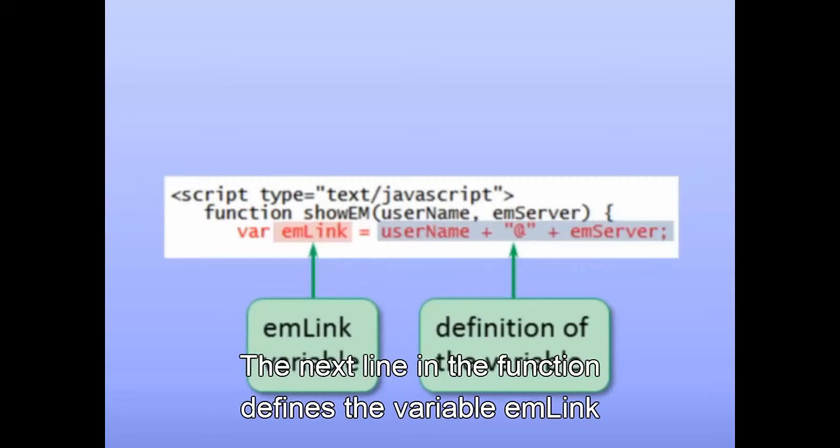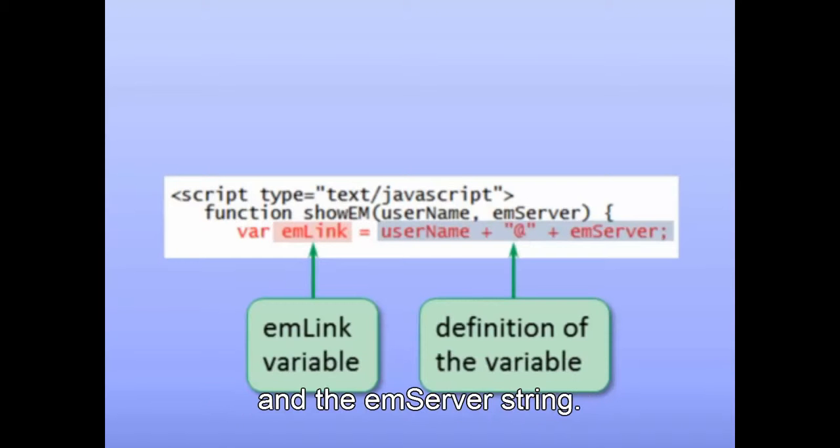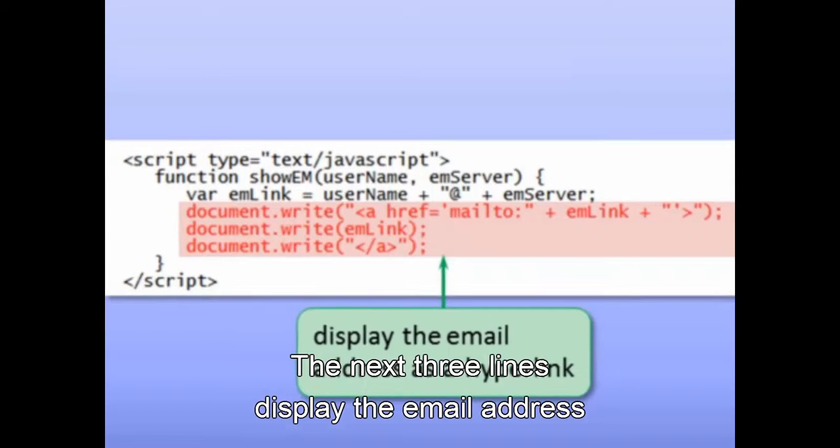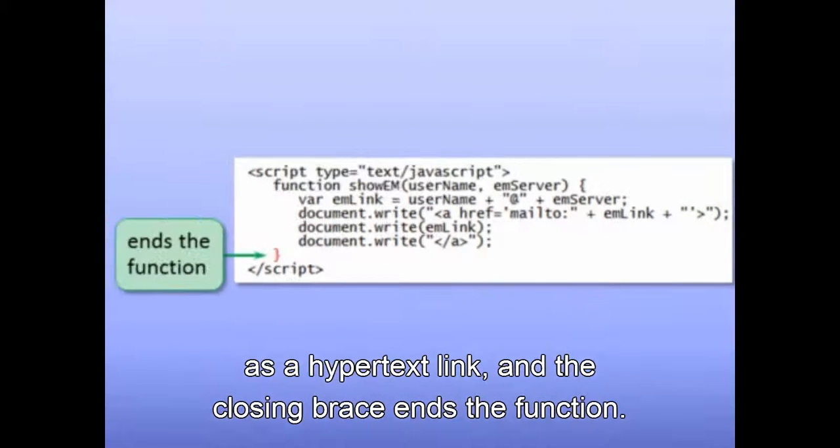The next line in the function defines the variable EMlink as a combination of the username string, the @ symbol, and the EMserver string. The next 3 lines display the email address as a hypertext link, and the closing brace ends the function.